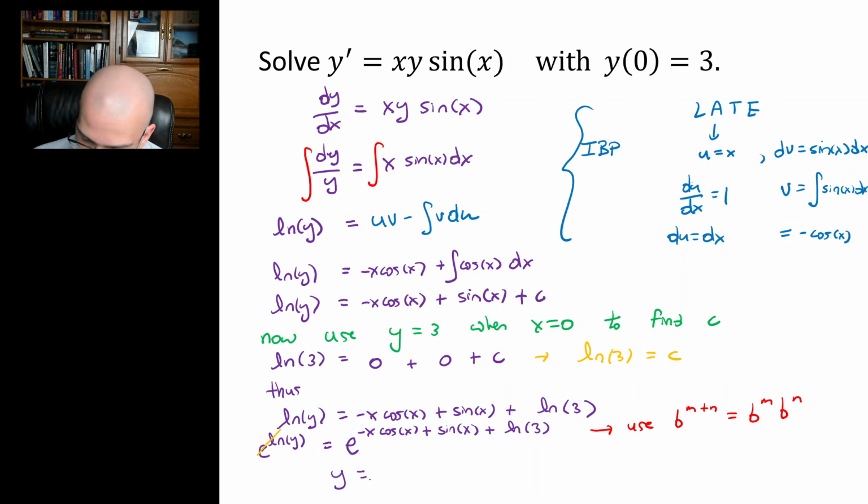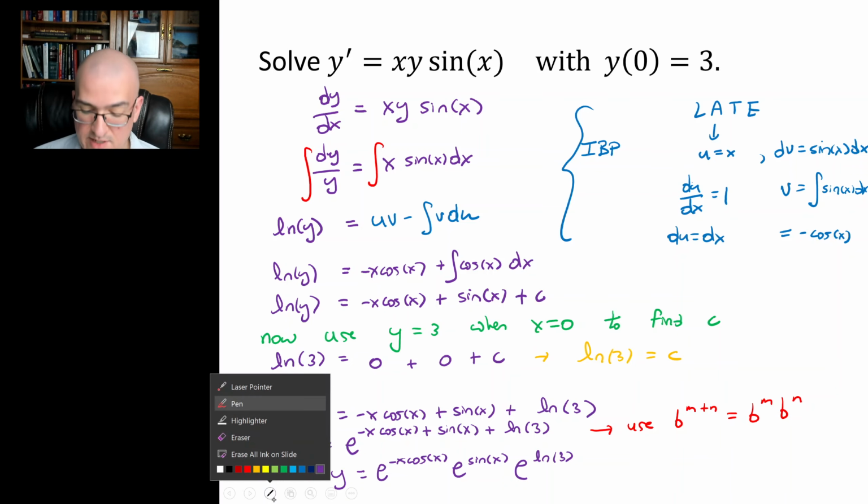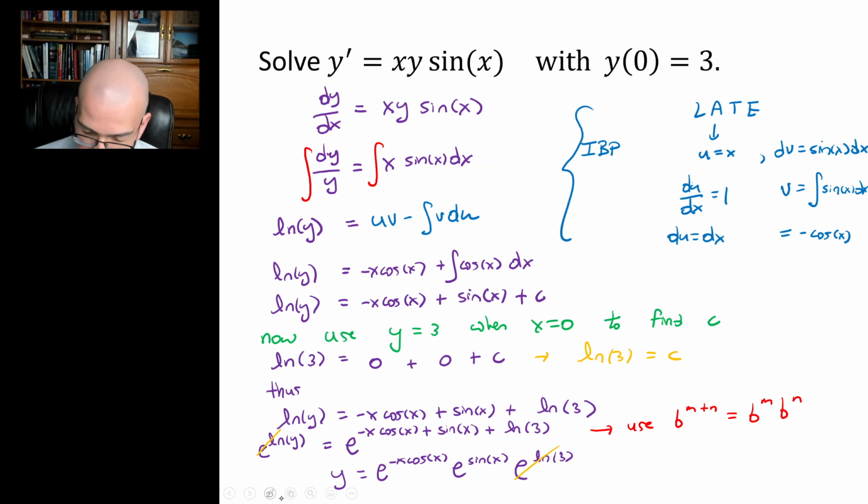y is equal to e to the negative x cosine of x times e to the sine of x times e to the ln 3. And I'm a liar, we're not done yet. We have an e to the ln 3 there at the end. So I'm going to cancel it, put the 3 out front. 3 times e to the negative x cosine of x times e to the sine of x.